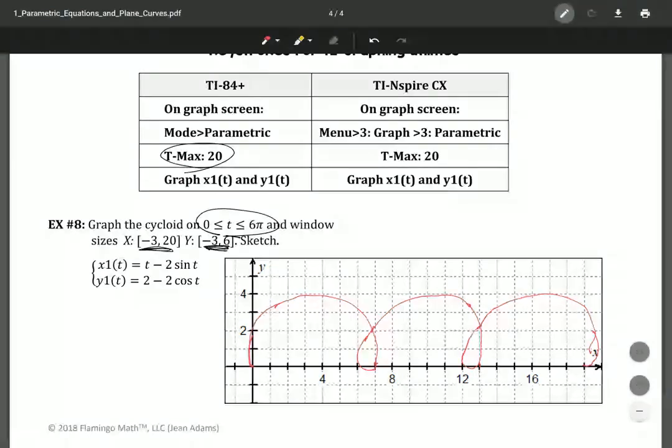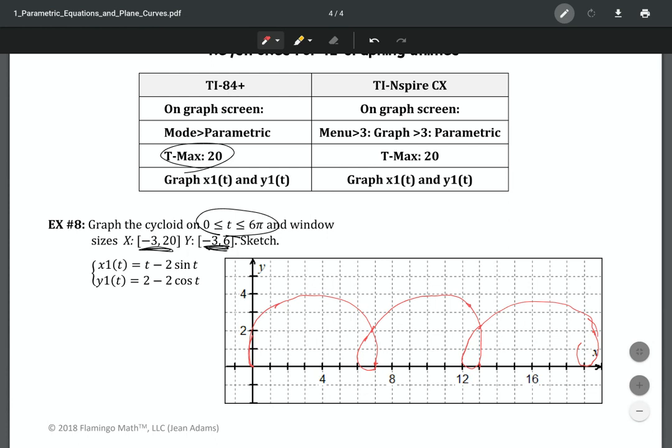Get a little crazy here at the end. But I hate it when it does that. All right, so that's sort of what it looks like, right?